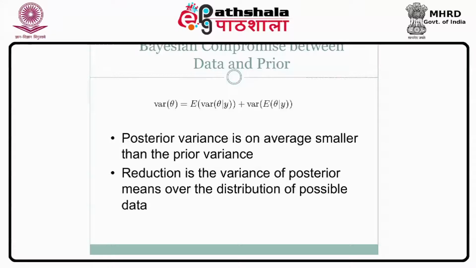That's why the posterior variance is usually on an average smaller than the prior variance, and the reduction is the variance of posterior means over the distribution of possible data. For posterior summaries, after computing the posterior distribution, one usually goes for the posterior mean, posterior median, and posterior mode. These are all posterior location parameters of interest. One can also go for the credible interval or highest posterior density interval for different posterior distributions.